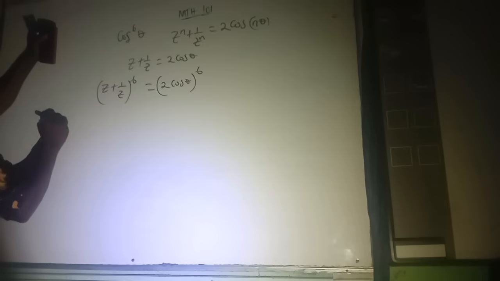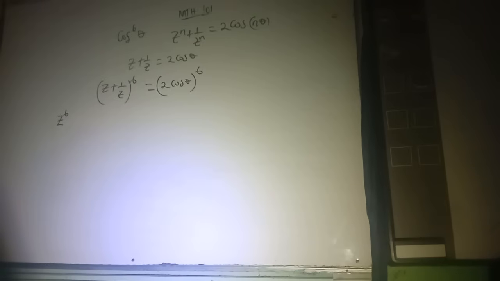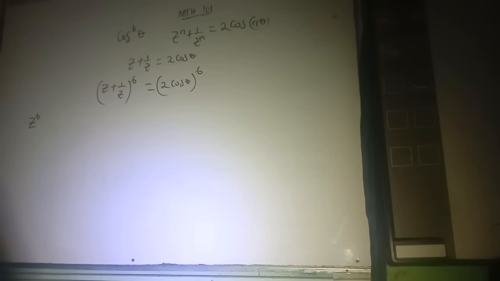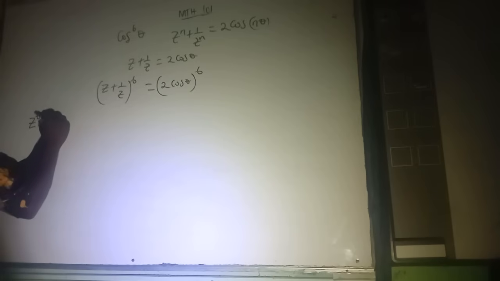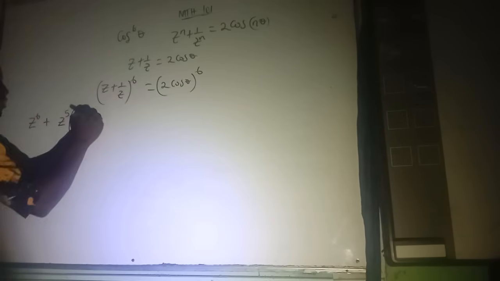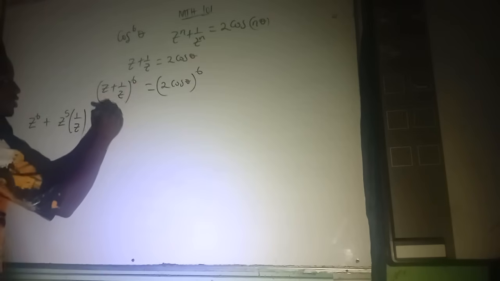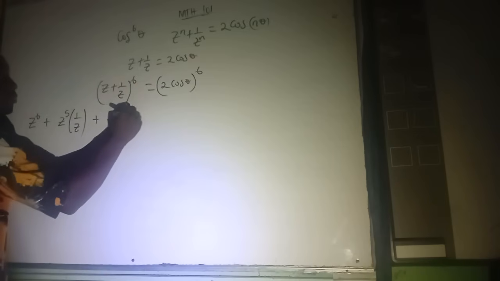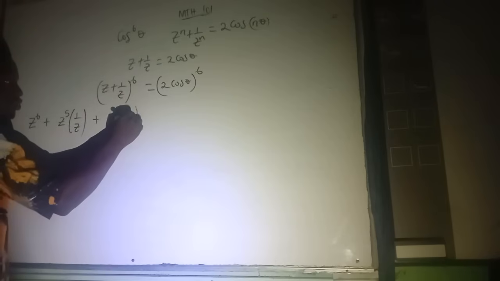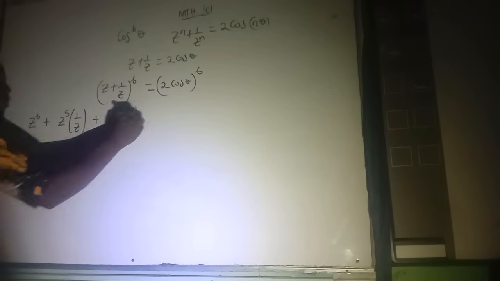We have z raised to power 6, plus z raised to power 5, then the second part will be power of 1. It was power of 0 here. Plus the first part will reduce again, z^4, and the second part will be power of 2. 1 over z squared is the same as putting the square here because 1 squared is 1.